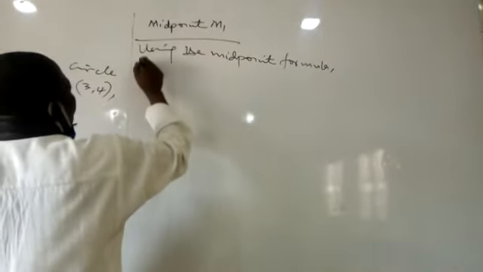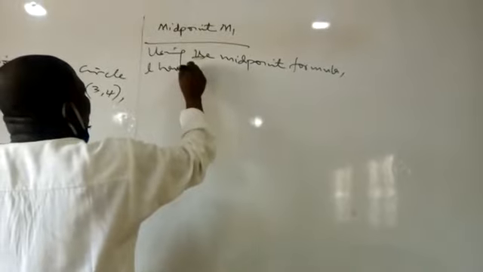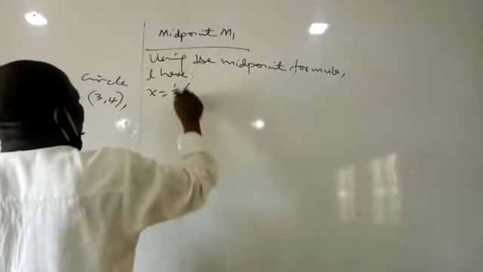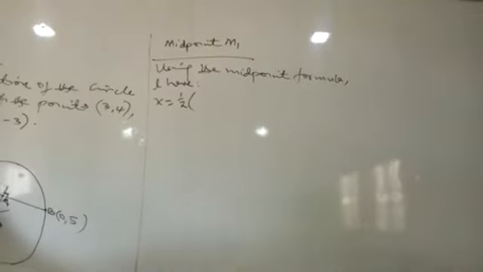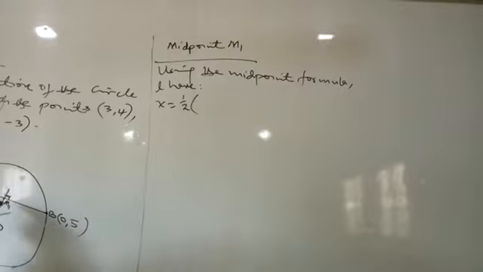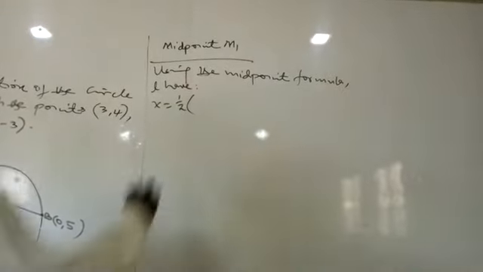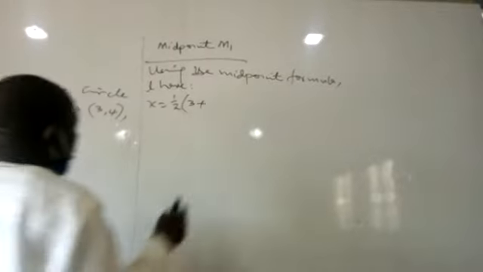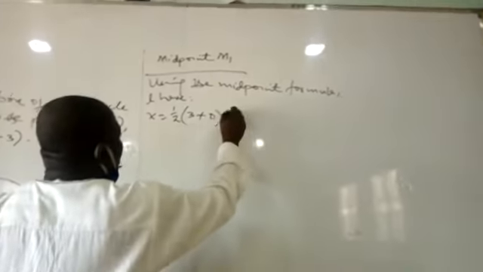I use the coordinates of A and B to determine the midpoint M1. The x coordinate is half into 3 plus 0, and that will be 3 over 2.